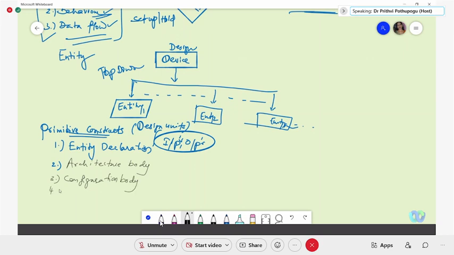The fourth one is package declaration. The fifth one is package body. So these are the primitive constructs, or the design units, for either VHDL or Verilog.